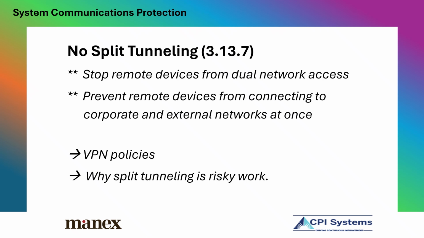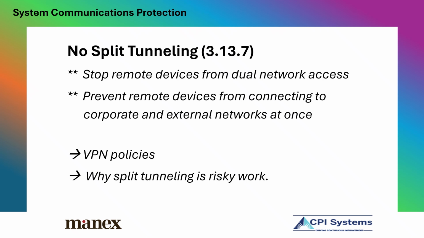This can become dangerous, so this control requires us to stop remote devices from dual network access and prevent remote devices from connecting corporate and external networks at once. This reduces our risk greatly.